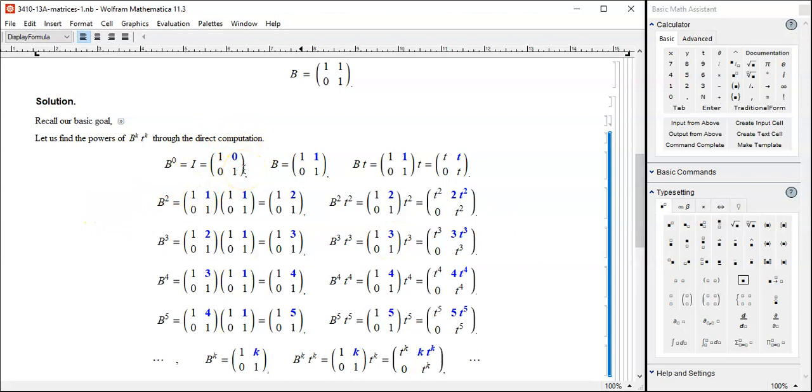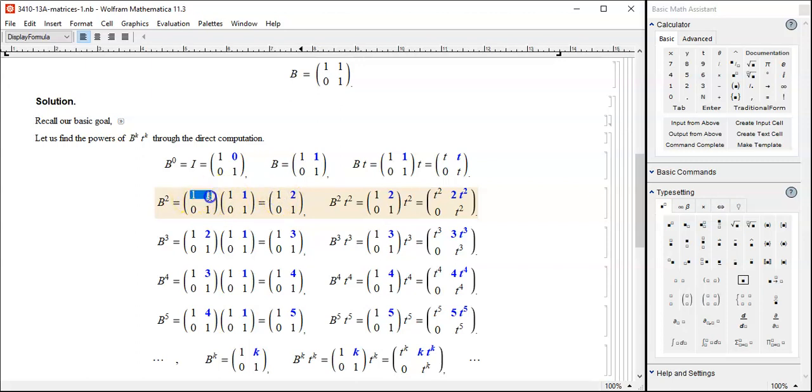I, okay, no problem there, 1 0 0 1. B, that's the definition, and B times t, okay, there you go. First line is no big deal, as usual. Now let's find B squared. So this is B times B, and first row, first column: 1 times 1 plus 1 times 0, that's 1.